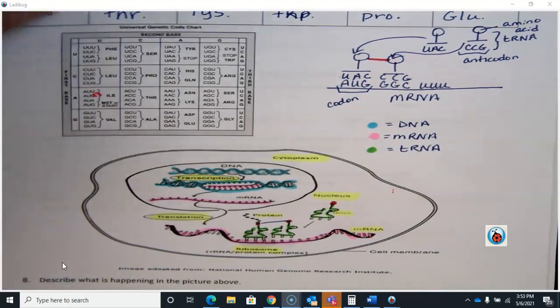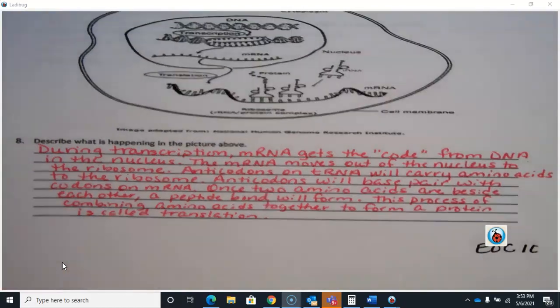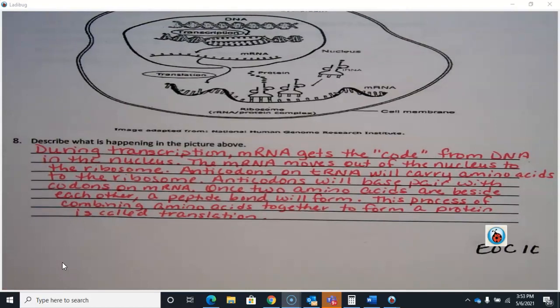So to describe that, we've got a little paragraph, and I understand that it's long, and you can stop and start the video as you need to. But question 8 is asking, describe what is happening in the picture above. Okay, so during transcription, mRNA gets the code, remember that's the order of nitrogen bases, from DNA in the nucleus. The mRNA moves out of the nucleus to the ribosome.